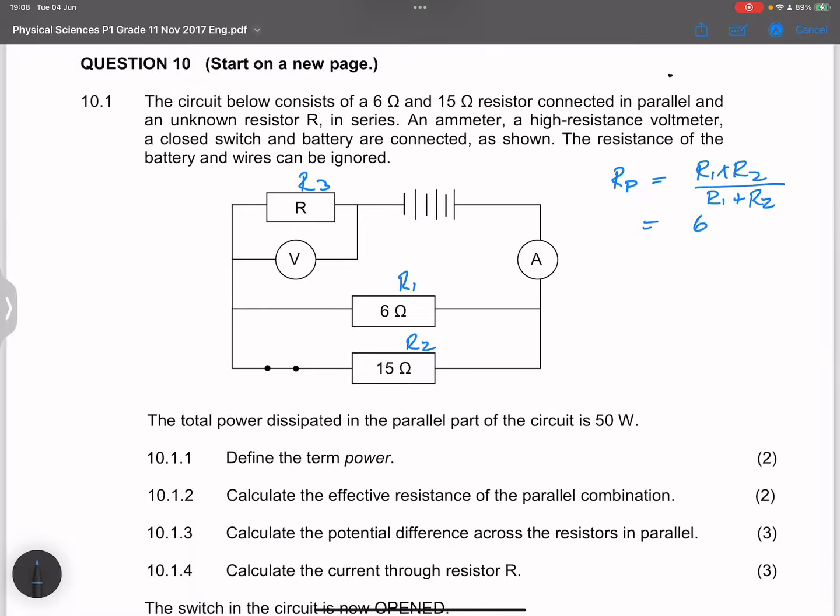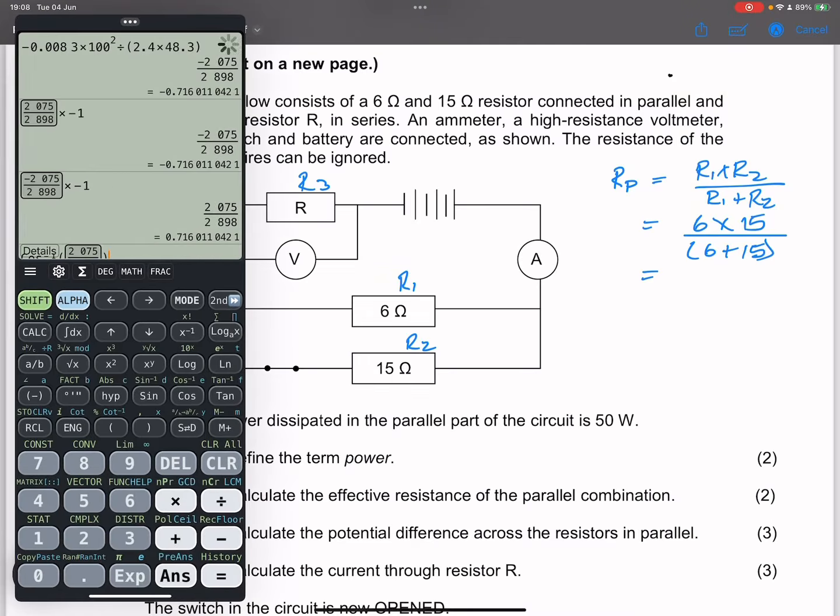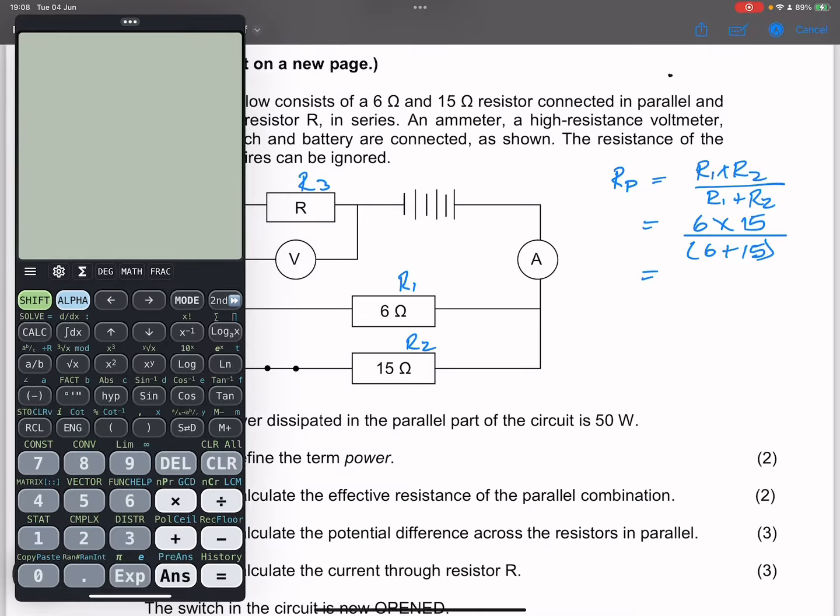So this will be 6 times 15 divided by 6 plus 15. And by the way, nothing wrong if you decided to say 1 over R parallel is 1 over R1 plus 1 over R2. Just remember to invert the answer once you get that.